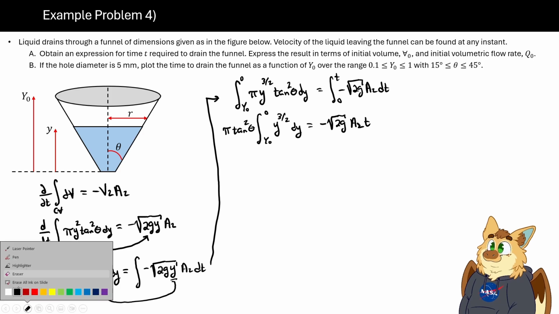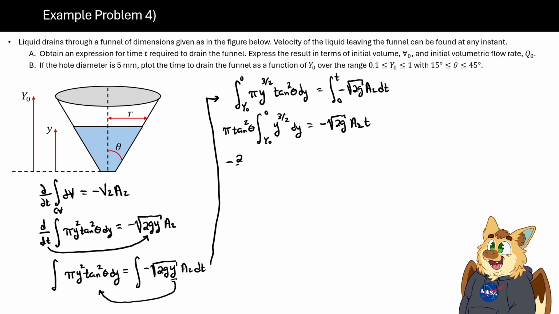Okay. So we have negative 2 over 5 y naught to the 5 over 2 times pi tangent squared theta equals negative square root of 2g a2 t.